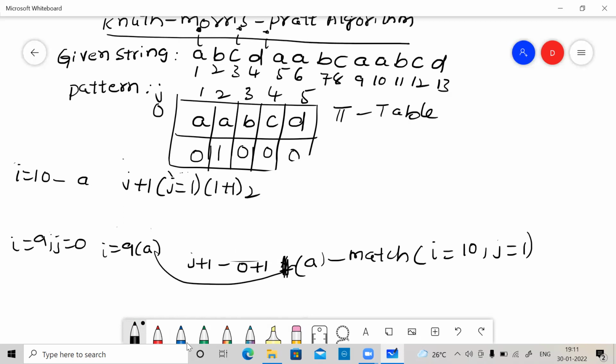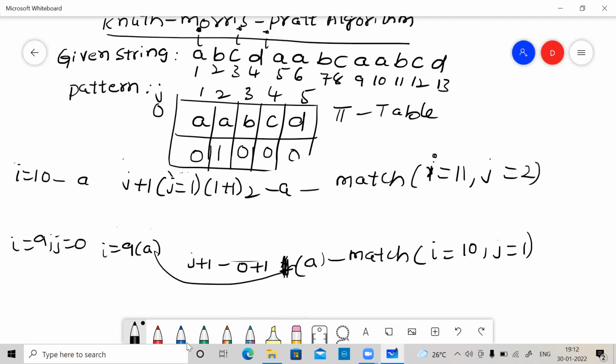At index 2, you are having A. Both are same. Match is found. If match is found, we are going to increment I value. I value is now, previous value was 10, now it is 11. J value, previous one was 1, so now it is 2.